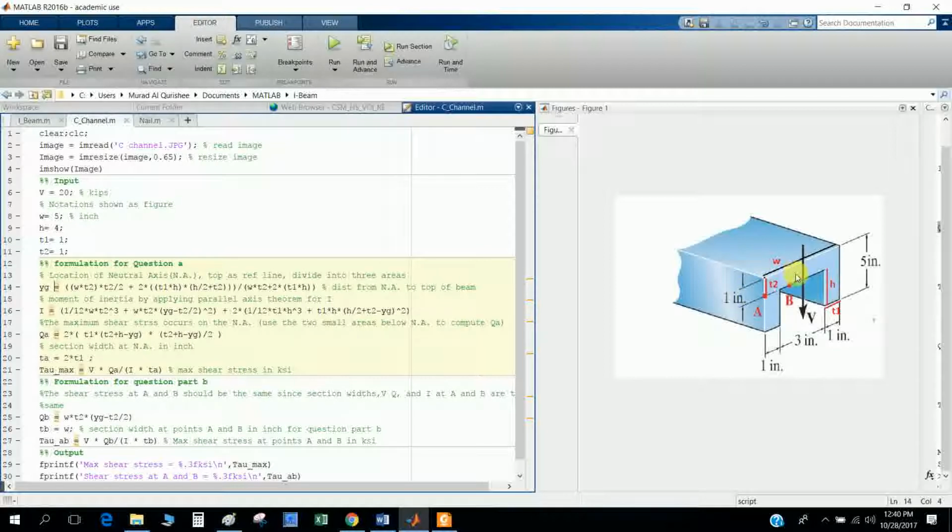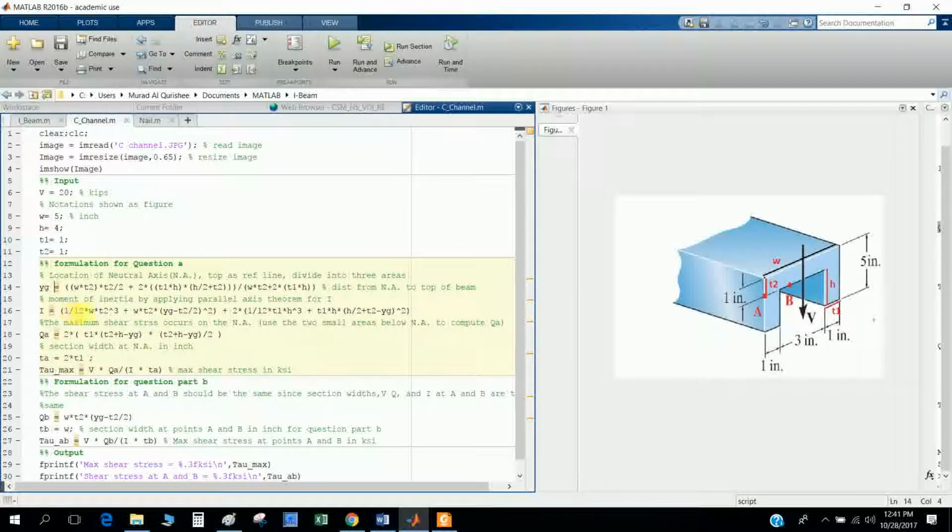We have to work with reference to the neutral axis. The neutral axis is here, 2.03 from here to here. If I deduct half, it will give the center to center distance, from this neutral axis to this neutral axis, that means d square.